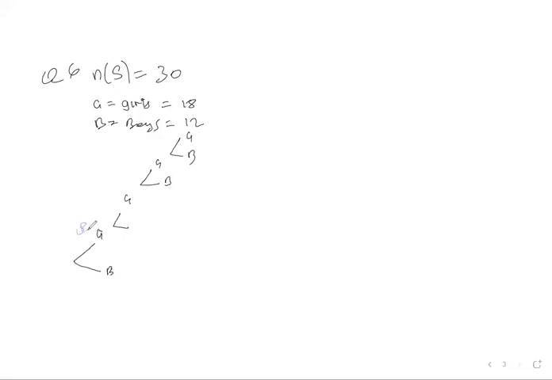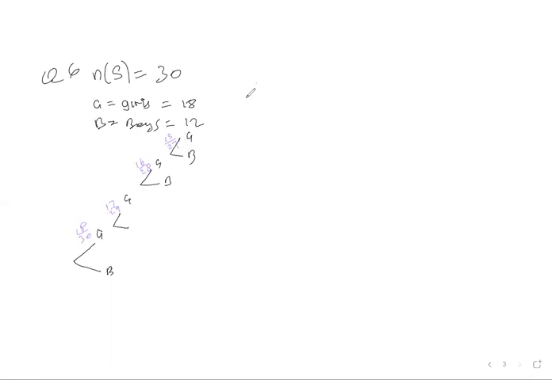Girls are 18 out of 30. So meaning at the next stem, we're going to have 17 out of what? 29, isn't it? Then we're going to have 16 out of 28. Then the last one will be 15 out of 27.